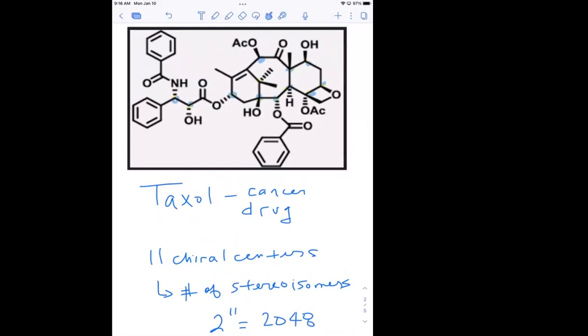So that makes the synthesis of a molecule like this, and the development of techniques where you can set those stereocenters or chiral centers, all the more important to be able to synthesize a molecule like this with specific stereochemistry. You want one out of the 2048 stereoisomers, and this is the one that actually works.